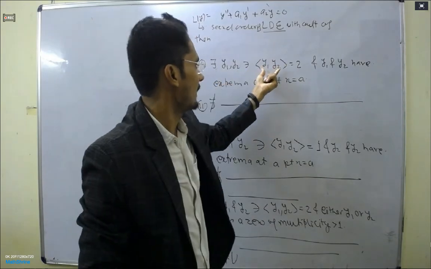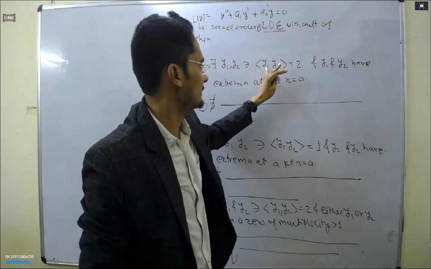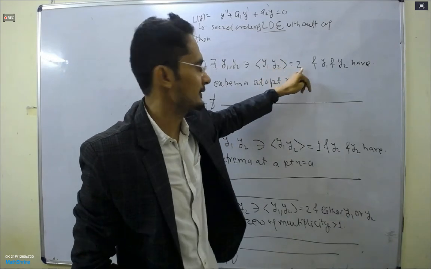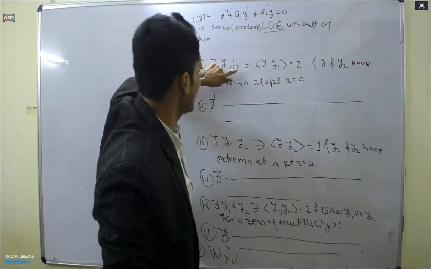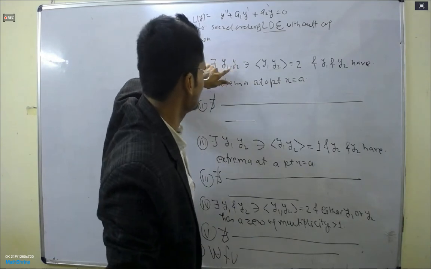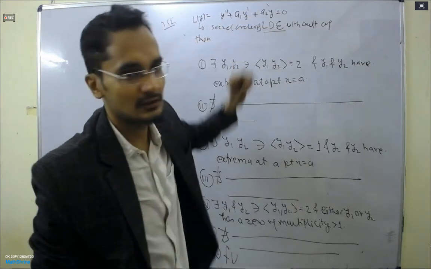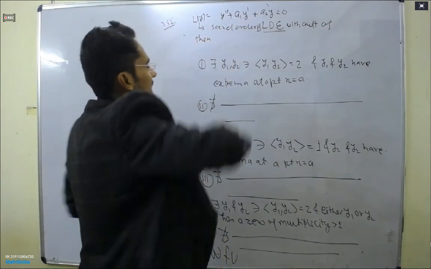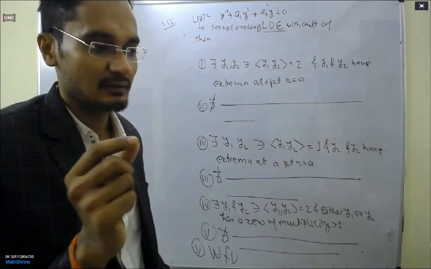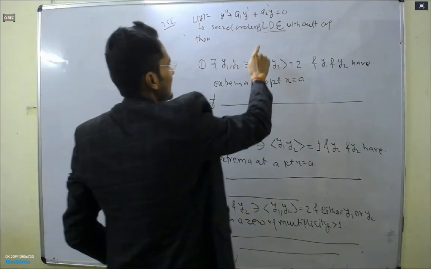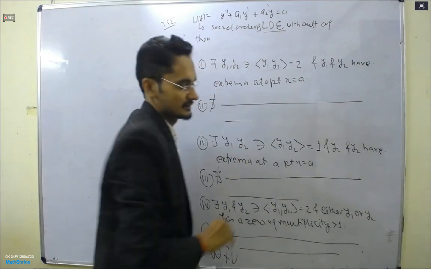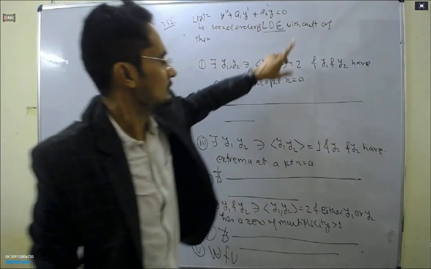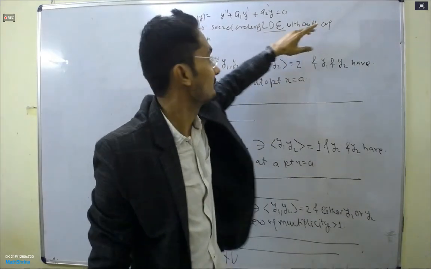Constant coefficient means A1 and A2 are constant, therefore they are continuous everywhere. If it is not with constant coefficients, then continuity is essential to say something about the existence of the solution. So if this question is asked in your exam, be careful about the continuity of A1 and A2 first.